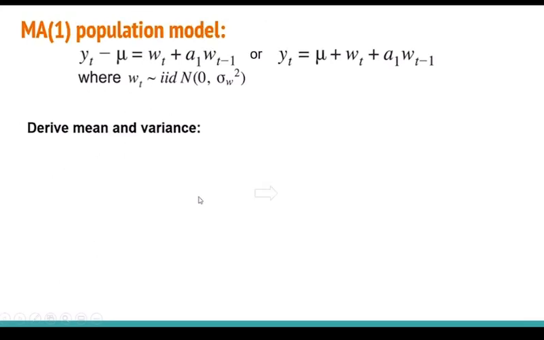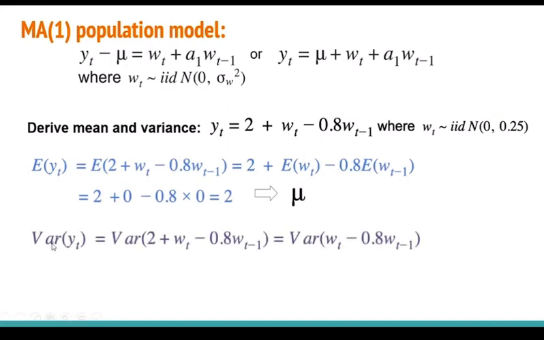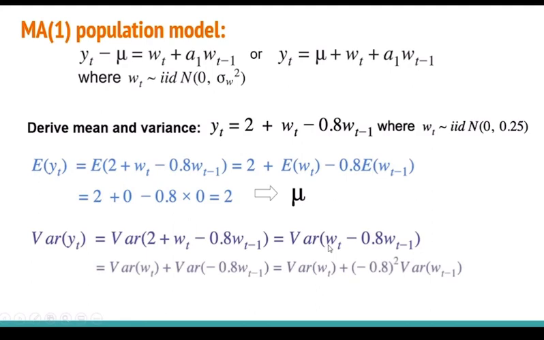But if you want to go through the rigorous derivation, you can use the method that I used the other time, where you find the variance of Y_t, which you can split into the variance of W_t plus the variance of that term. Minus 0.8, the constant, comes out and is squared. Then what is the variance of W_t? You've been given that the variance of W_t is 0.25. You just plug it in. That's what I just did.